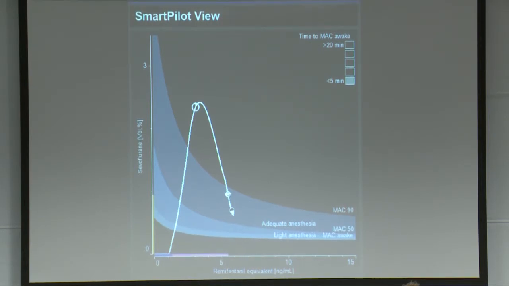The patient is currently at this point with quite adequate anesthesia and headed in 10 minutes to the point of light anesthesia. This is quite an elegant, simple presentation of those complex pharmacodynamics. And I think we'll hear later today how useful they are clinically because of their simplicity.